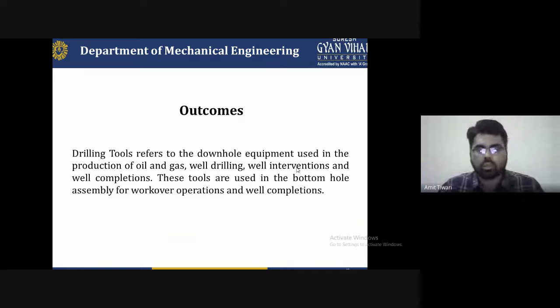These tools are used in the bottom hole assembly for workover operations and well completions. So we are discussing equipment like drilling tools.